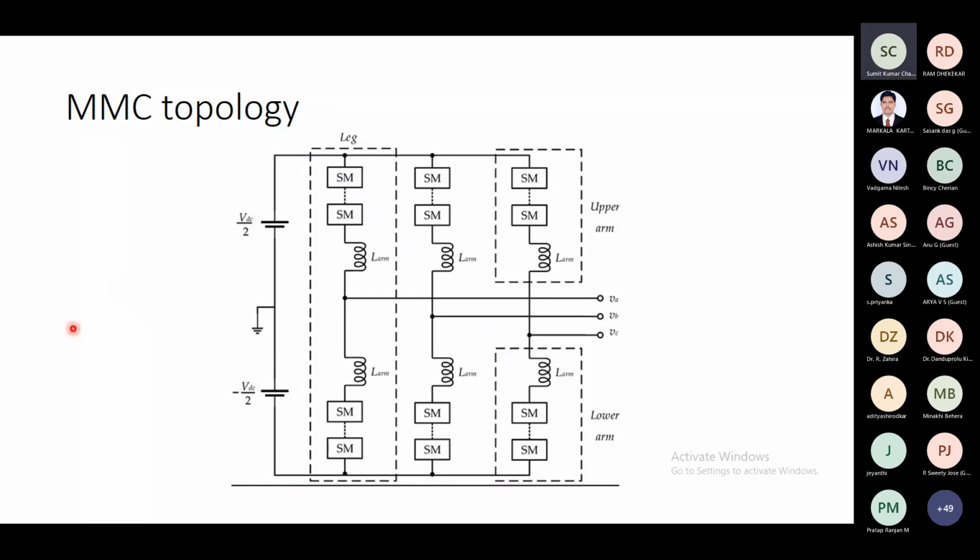As we know, for high power handling, particularly when we have the requirement of 3-way power flow, particularly with the submodules connected with the battery bank.